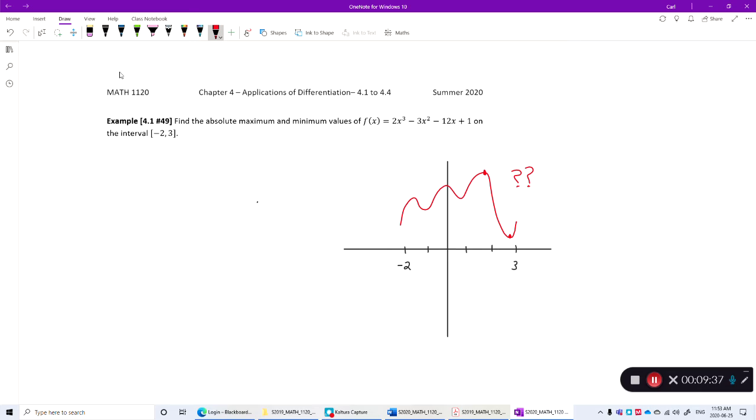So where do we look? There's two places that we look. Actually, there's three. We look for places where the derivative is 0. Those are possible. If we don't have the graph, we don't know whether the bump is higher or lower, but we know that it could be at a bump. It could be at any of those bumps. So we're going to look at places where f prime of x is 0, and also we have to check the endpoints.